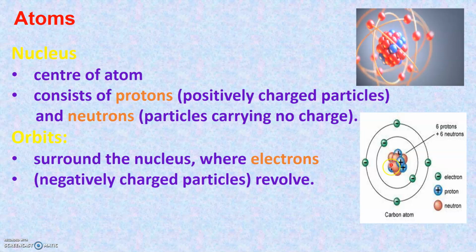And neutrons are particles which do not carry any charge. So protons and neutrons come together to form the nucleus. And these are imaginary paths, or otherwise we call them orbits, where the electrons are revolving around. And electrons are these negatively charged particles.